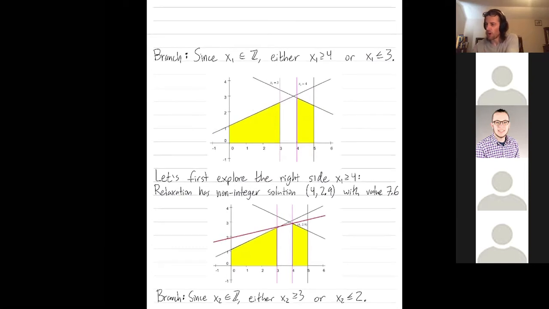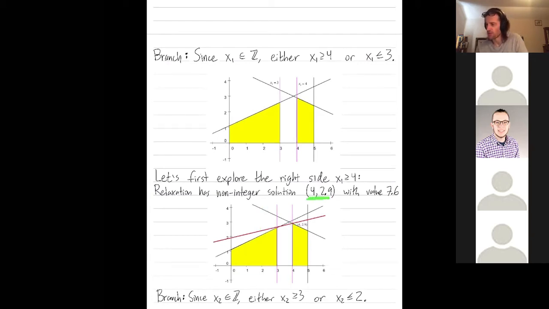What you do is, on this region that's now smaller, we consider the relaxation. So we consider not only finding integer solutions, which is hard, but just find any solution. That's quite quick. Use the simplex algorithm. So we use the simplex algorithm and we find this is the optimum, right? This point is the furthest in that direction.